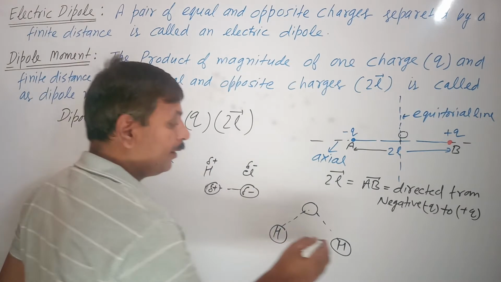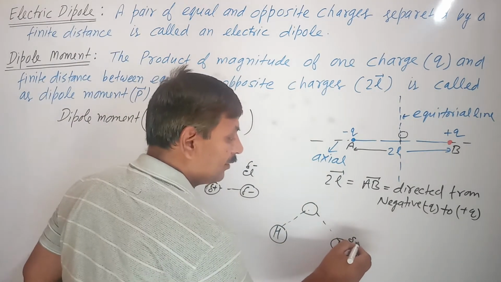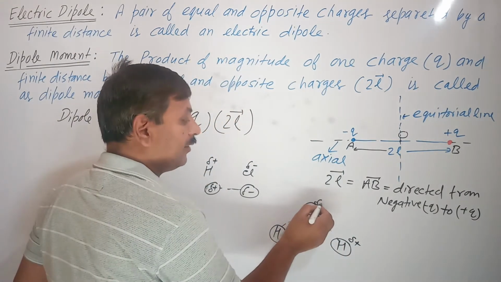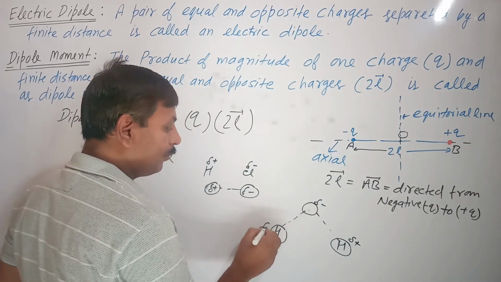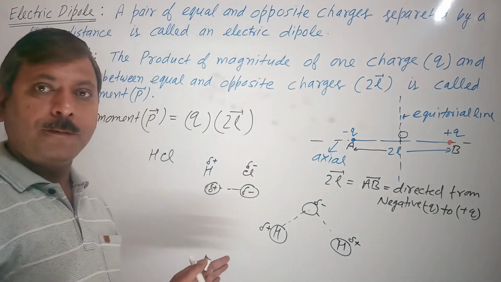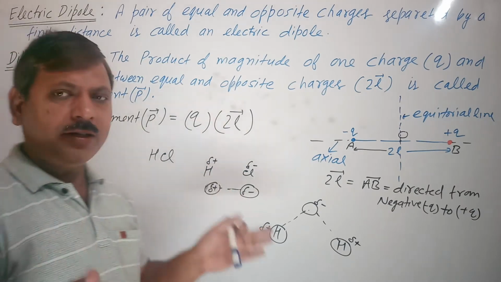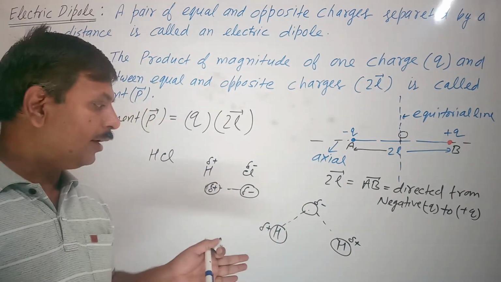That's why oxygen gets slightly negative and the hydrogens slightly positive, so they form a dipole. So this is the permanent dipole effect.